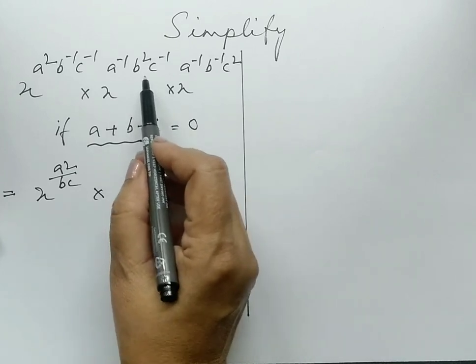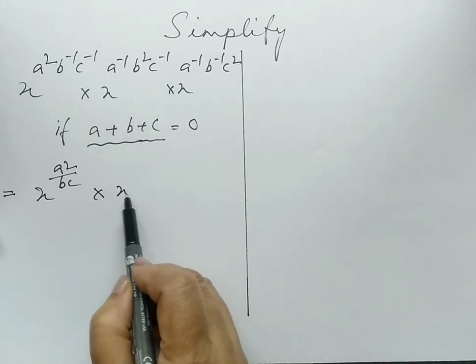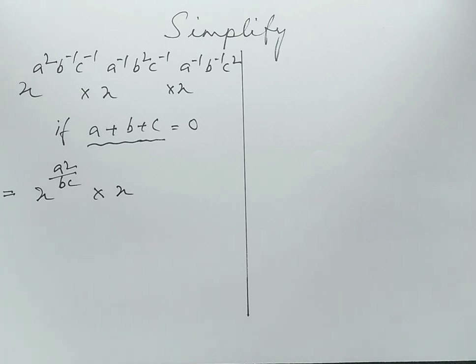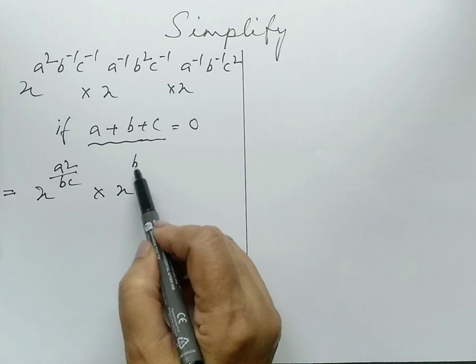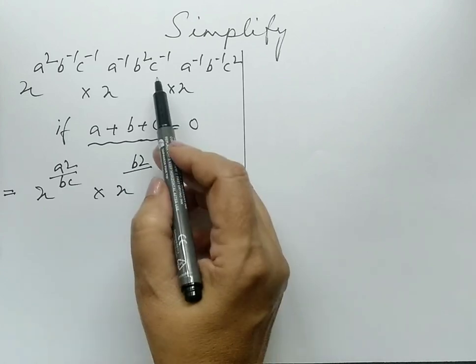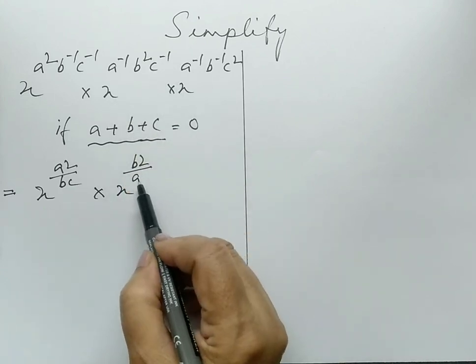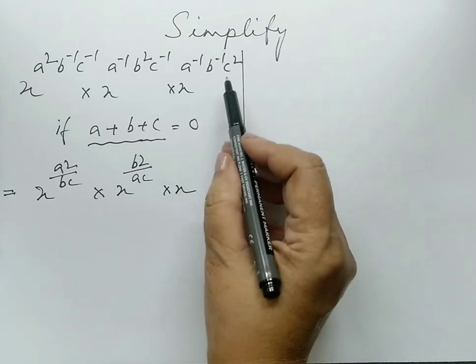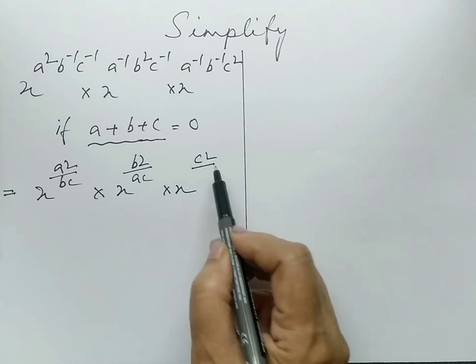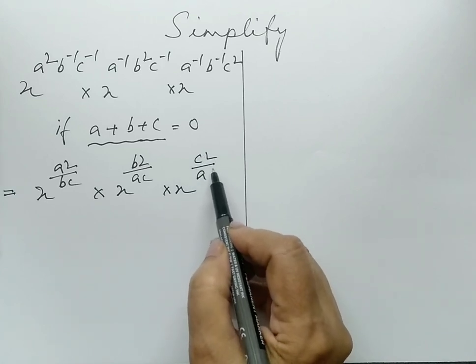The same thing happens here. We have x to the power b square as the numerator, and we have a and c sitting below. Correct? And x to the power c square upon ab.